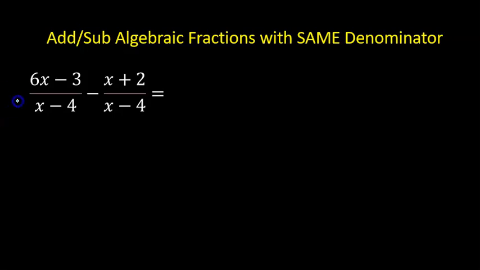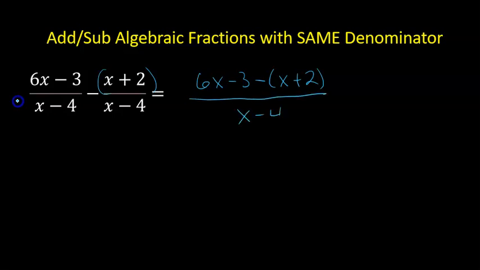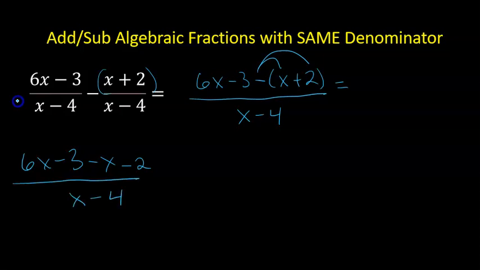What about here? Same denominator. Well, let's go ahead and do exactly what we just did. 6x minus 3 minus x plus 2. With the same base, we're going to distribute that negative. What does that give me? 6x minus 3 minus x minus 2 all over x minus 4.